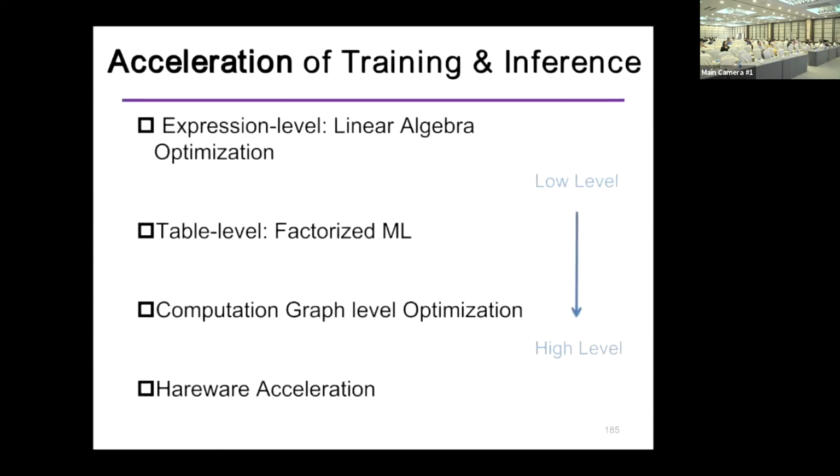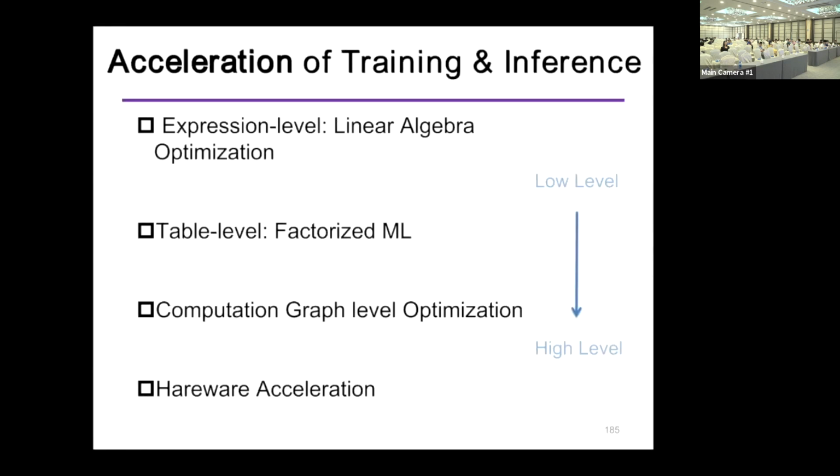So we talk about this topic from 4 aspects, from the low level to high level. The first is the expression level, which uses linear algebra optimization to accelerate the loss or gradient computation.